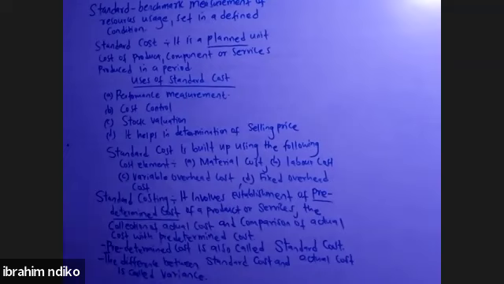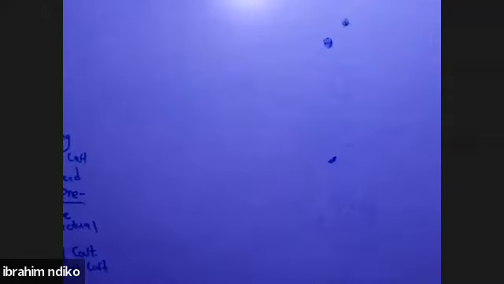So the difference between the standard cost, which is the predetermined or expected cost, and the actual cost is called variance. So we can continue on the other side.